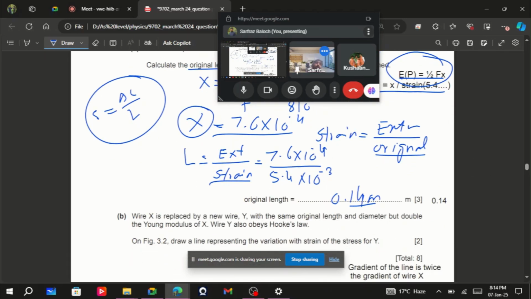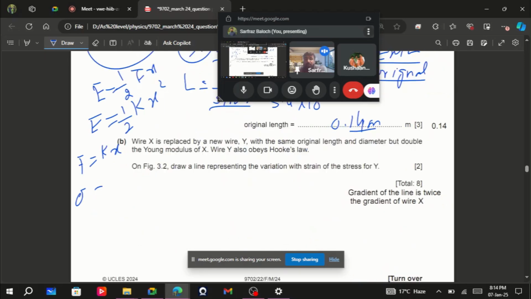Simply, you should remember whenever you are talking about stress, strain or Hooke's law, you should remember these formulas: energy is equal to half Fx, and energy is equal to half Kx squared. The third one is F is equal to Kx, which is Hooke's law.